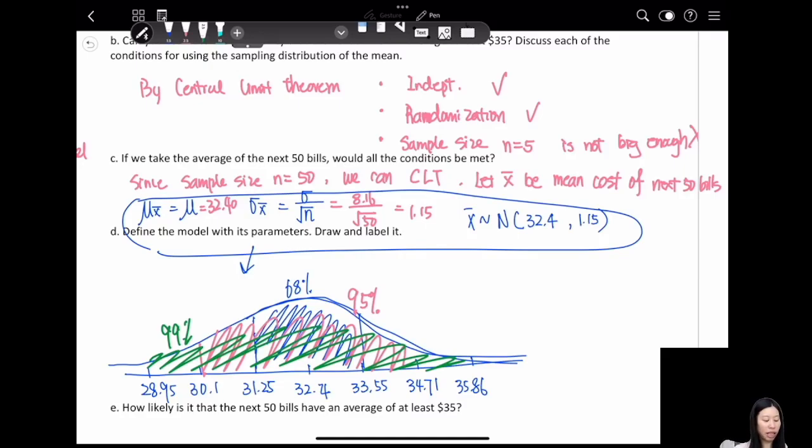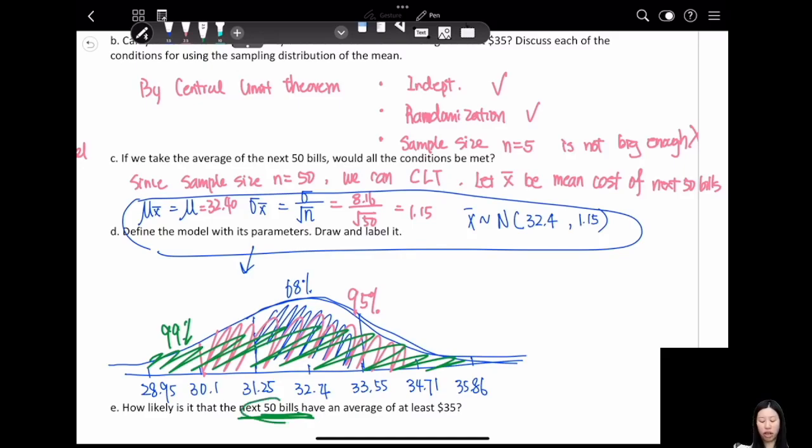How likely is it that the next 50 bills have an average of at least $13.5? Now they ask you about the next 50 bills. That means you're trying to figure this out from the sampling distribution, not the entire bill population from the restaurant.